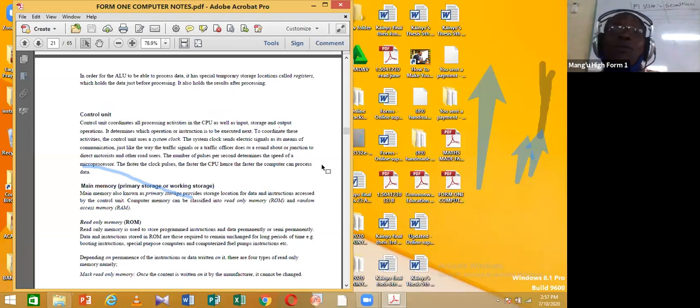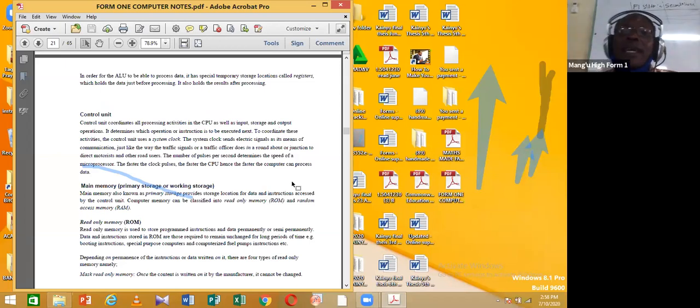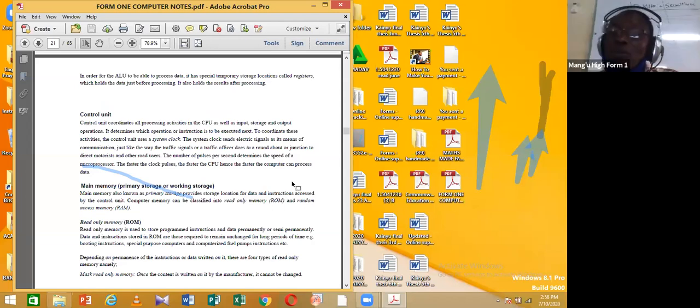That's the work of the control unit. It determines the instructions to be given. It determines the extent and the sequence of these instructions in the computer.